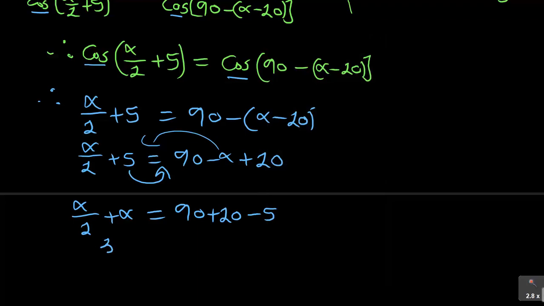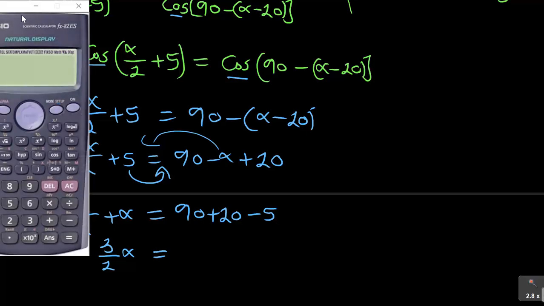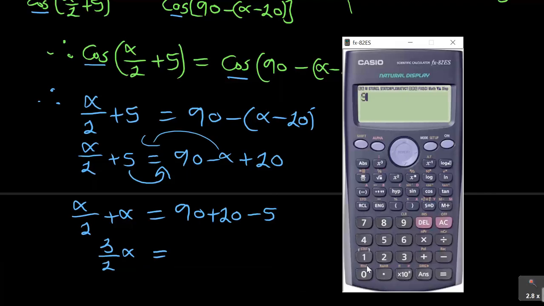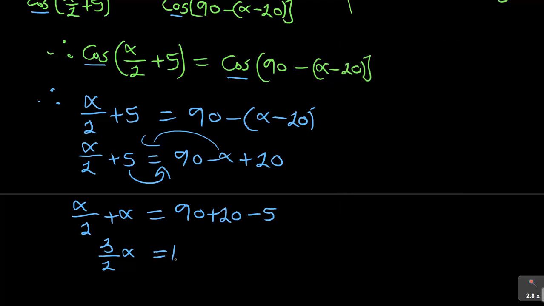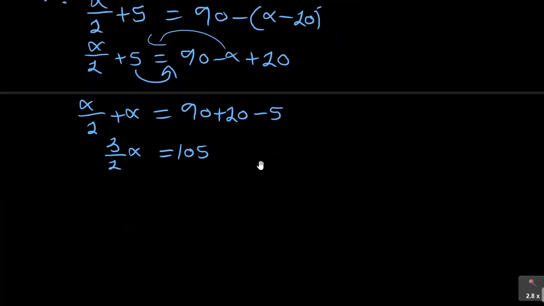So I've got 3 over 2 alpha is equal to 90 plus 20 minus 5. Actually this is 90, not 9, so it's 110 minus 5, which is 105. So this is 105.